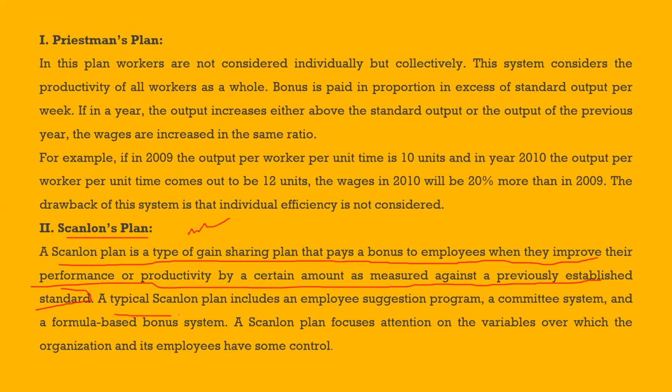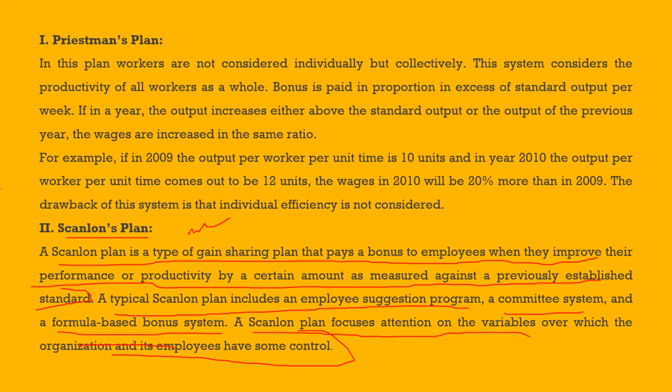A typical Scanlon plan includes an employee suggestion program, a committee system, and a formula-based bonus system. A Scanlon plan focuses attention on the variables over which the organization and its employees have some control. They considered some of the factors while creating this plan.